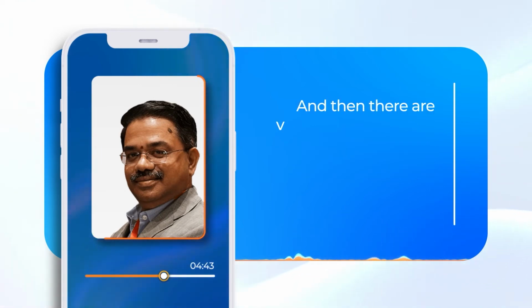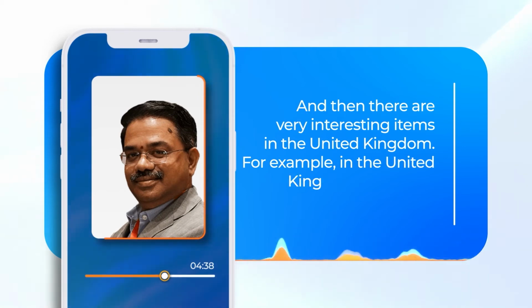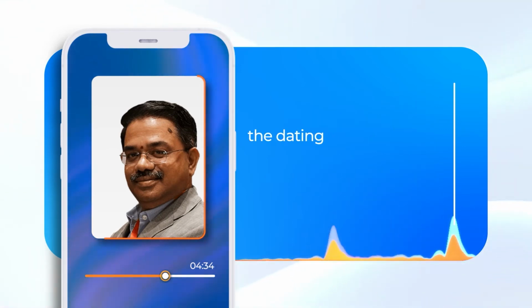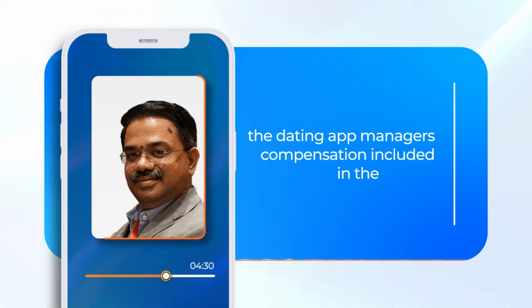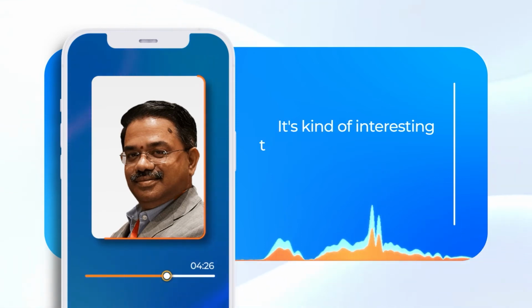And then there are very interesting items in the United Kingdom. For example, the United Kingdom has even got an item called dating app manager's compensation included in the basket. It's kind of interesting that we see.